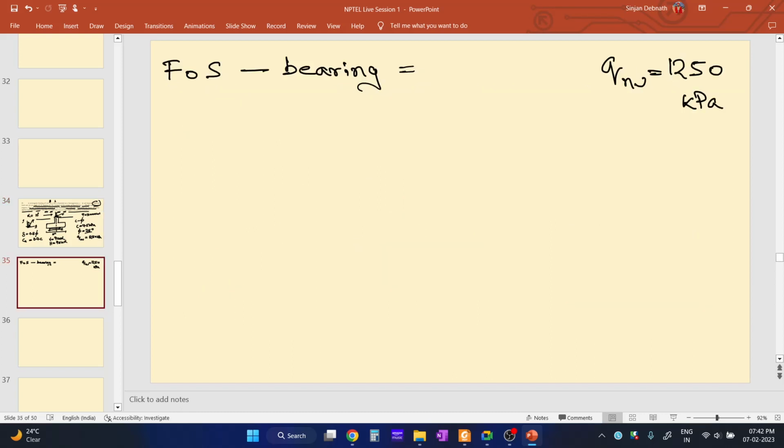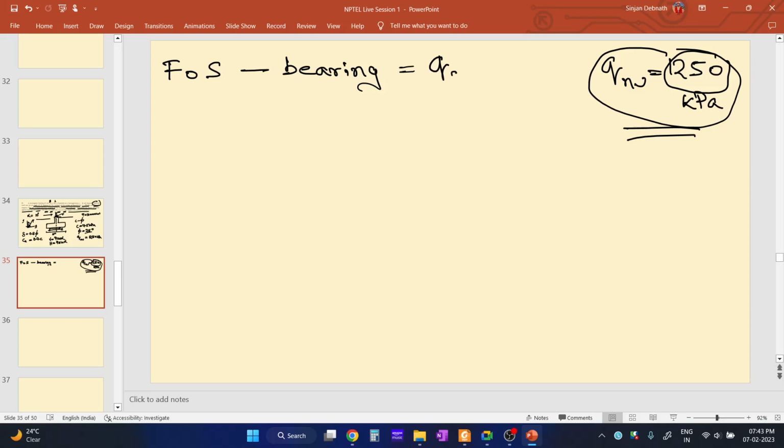So we know this net ultimate bearing capacity. What is the maximum load that the foundation can carry? If we multiply this 1250 with the area of the foundation, we will get the maximum load that the foundation can carry.